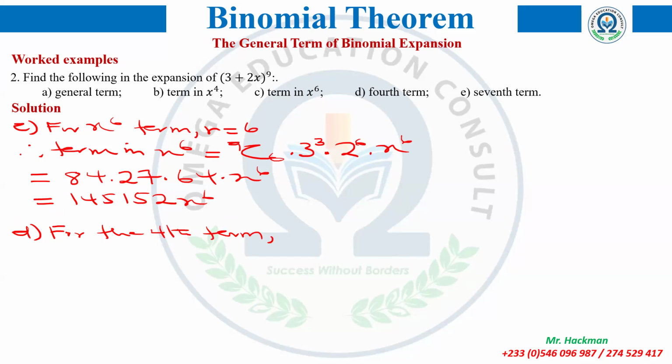For a positional term, do you use the power of x to determine r? No, we use the subscript of U. So now you know the difference.